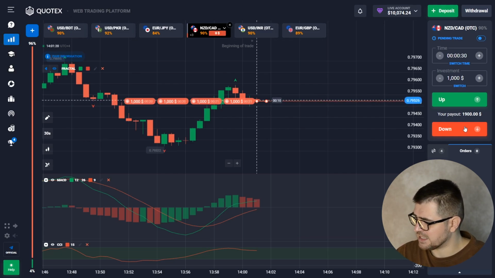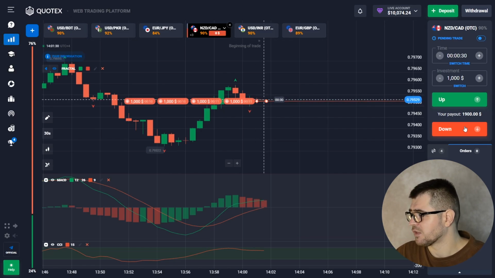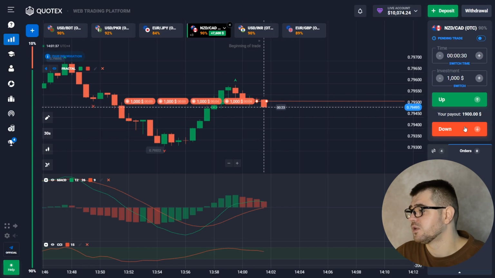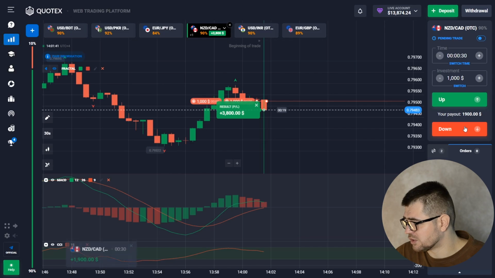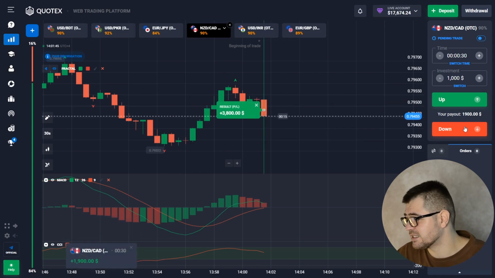So the MACD is giving us some ideas here. We're about to cross the slower line, and the bars are also indicating the price is going down. The fractal also was showing us that we're profiting, because it's only 30 seconds.